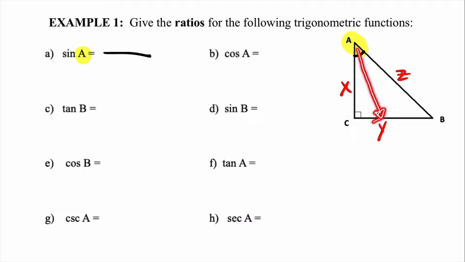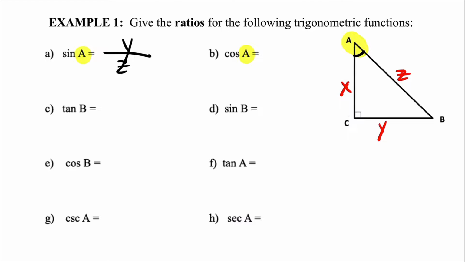Y is opposite. Over hypotenuse. Hypotenuse is Z in this case. So Y over Z, or Y divided by Z. Let's go to the next one. Cosine of A, still at A.